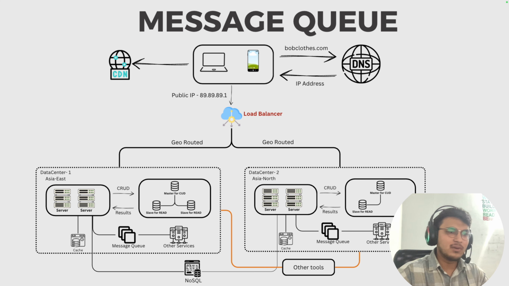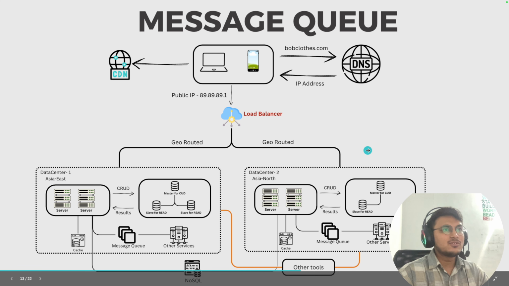You can also have tools like metrics, business metrics, aggregated metrics, and automation, like a try-on AR feature. All these things are considered other tools.